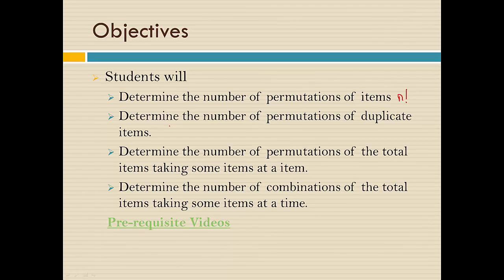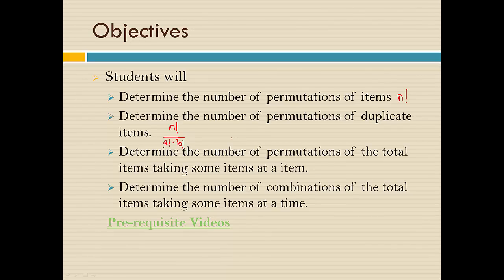So let's say we have n total items, which is n factorial. If we have a number of duplicates, it will be a factorial. If we also have b number of duplicates, it will be b factorial, and the rest of them, depending on how many duplicates we have.